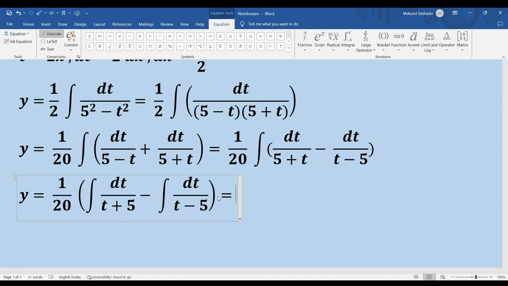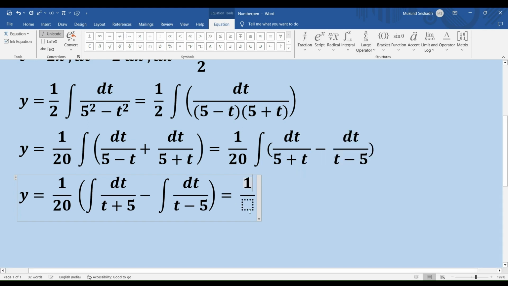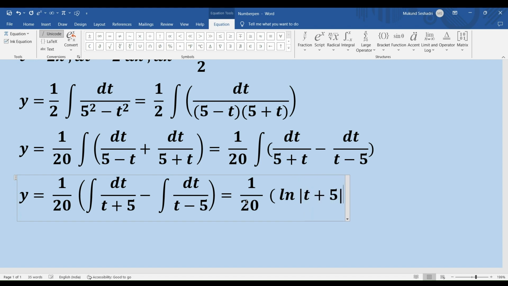And in the case of dt by t minus 5, it is ln of mod of t minus 5, right? So the answer to this particular problem, and remember we'll have to add our constants, is 1 by 20 times ln of mod of t plus 5 minus ln of mod of t minus 5, right?